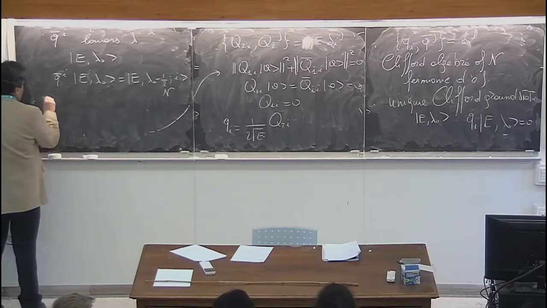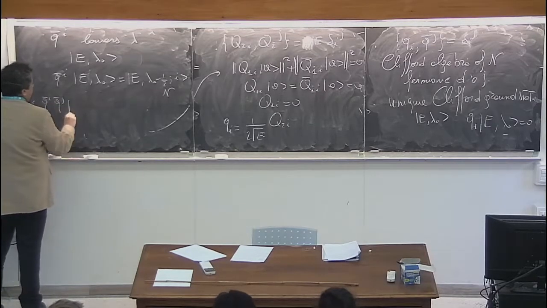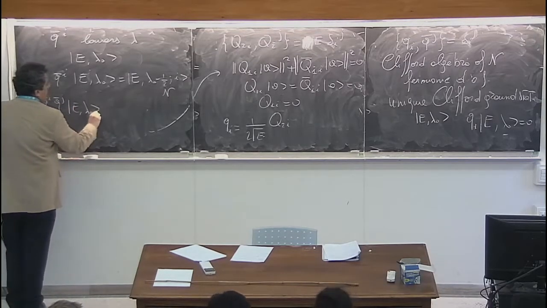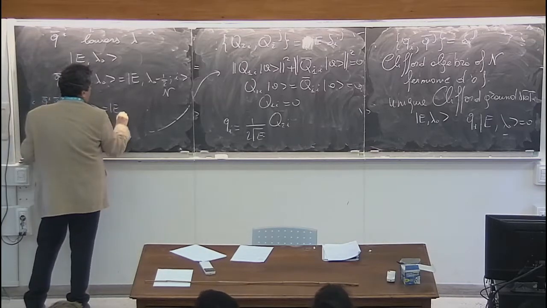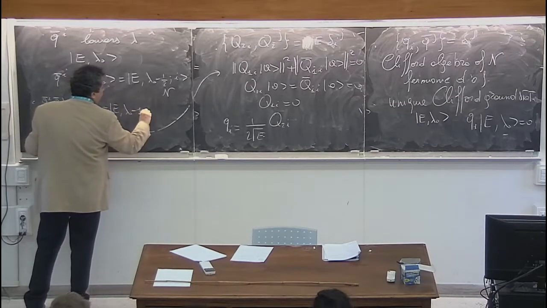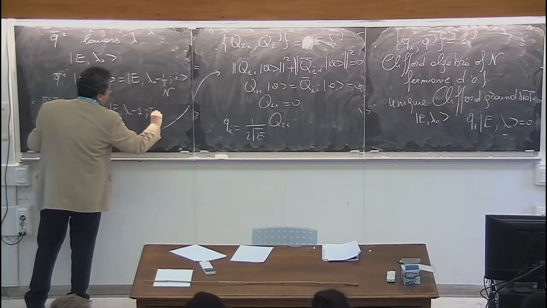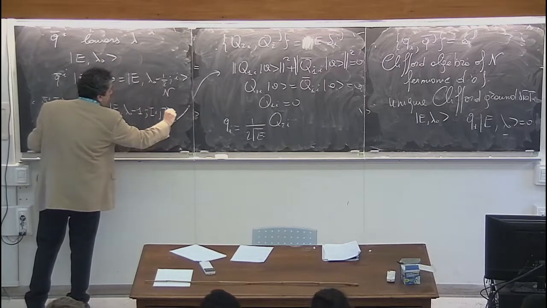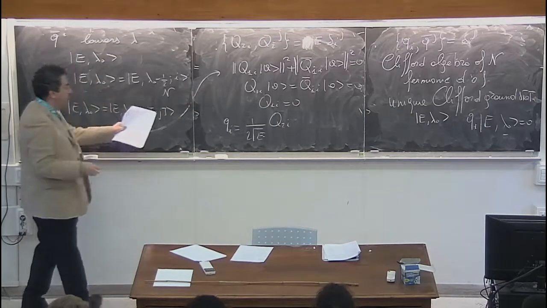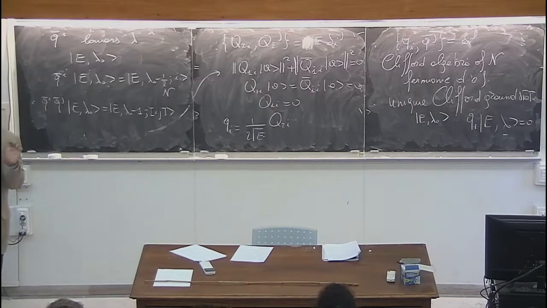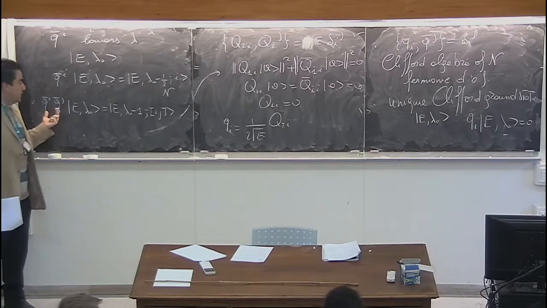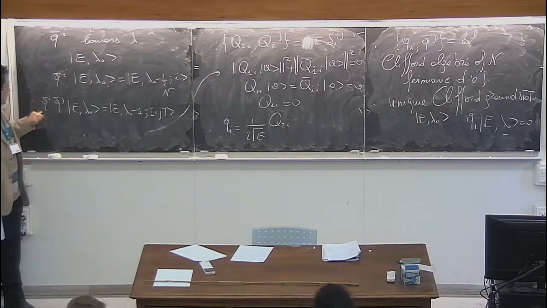Then next are Q bar i, Q bar j acting on E lambda naught. That gives you E lambda naught minus 1, [ij]. What do we mean by ij in square brackets? It means that it is anti-symmetric in ij, because these two anti-commute.